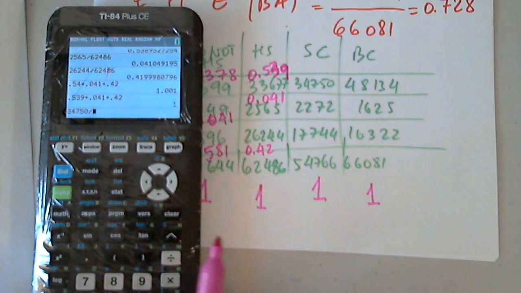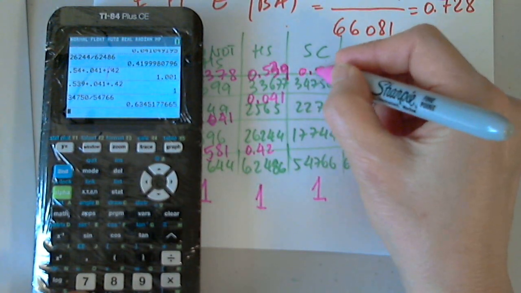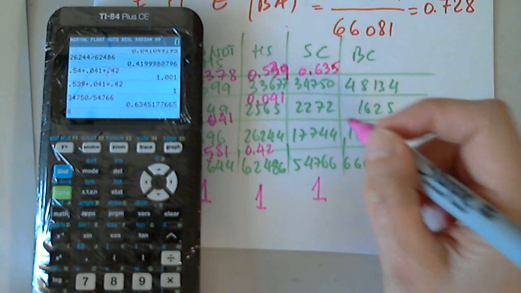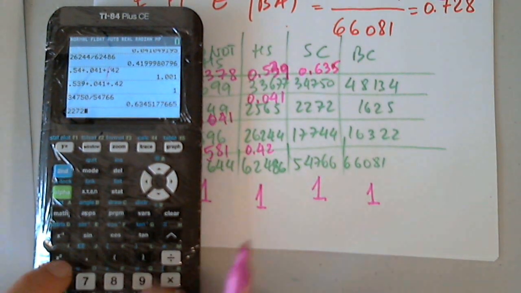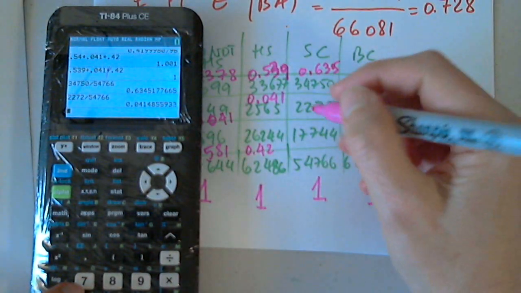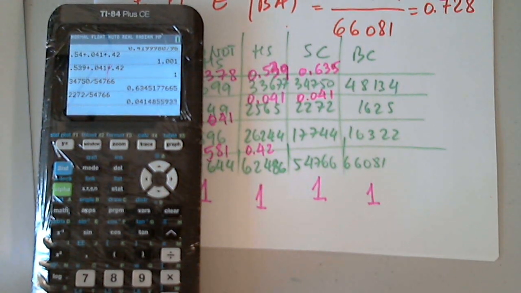34,750 divided by 54,766. And I got 0.63, maybe 5. We'll see in a moment. If not, I'll go back. 2,272 divided by 54,766. And I got 0.041. This is so consistent, as you see.